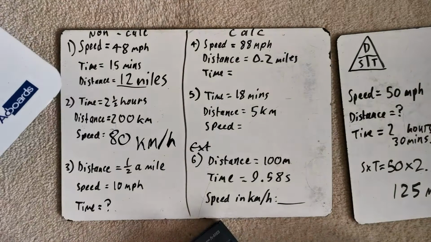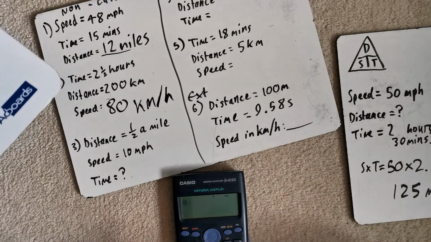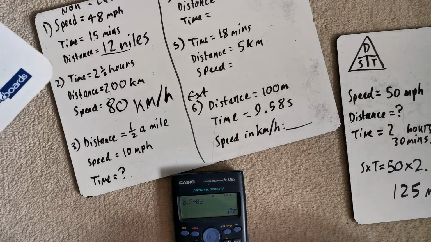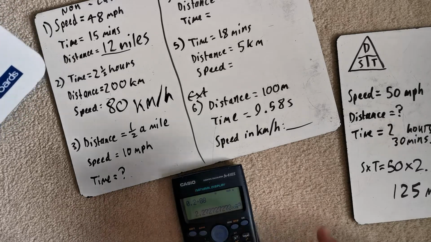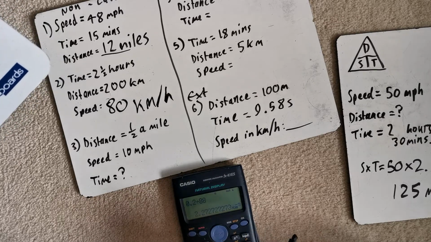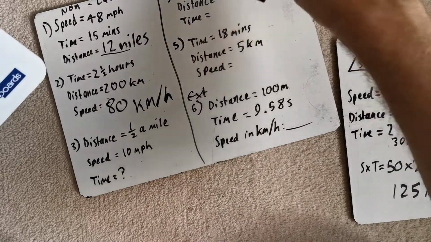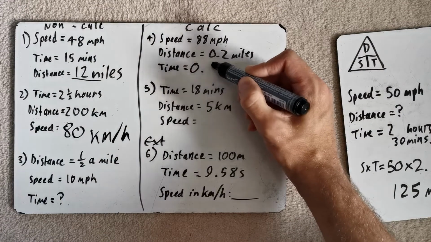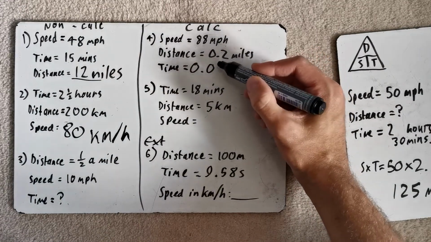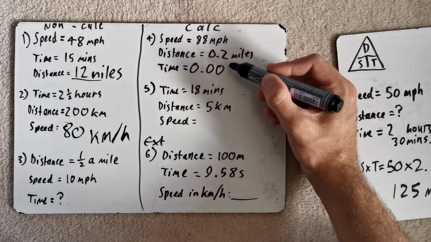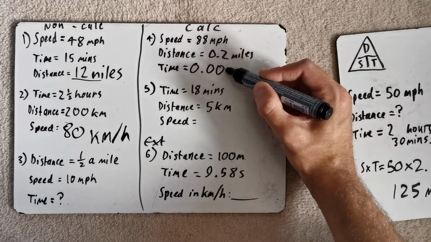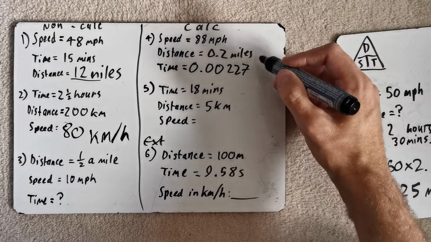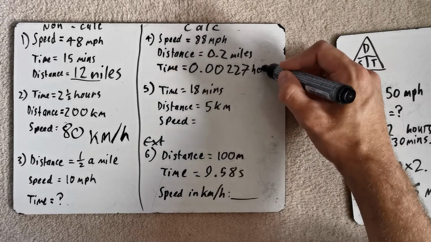Let's get our calculator out. 0.2 divided by 88 gives us, oh blimey, my calculator's given it in standard form, but of course I can convert it from standard form in my head. 0.00227, and that is going to be in hours.